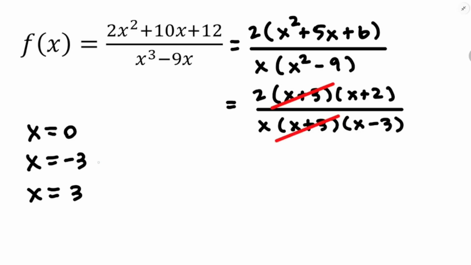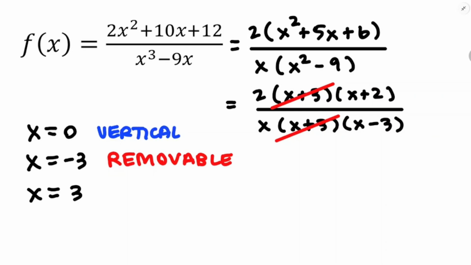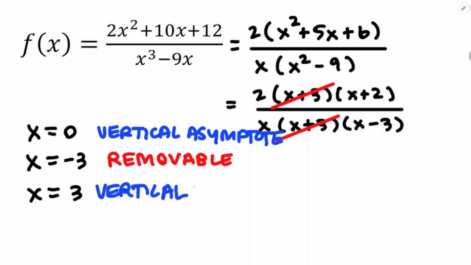And so that would mean that x equals -3 is a removable discontinuity. And then the other two are going to be vertical asymptotes.